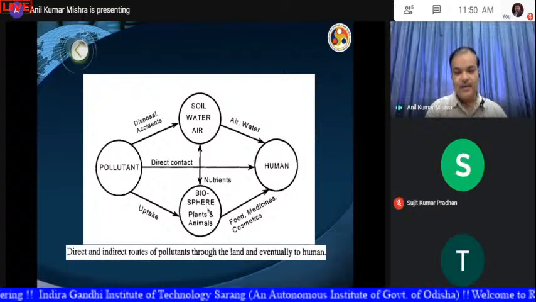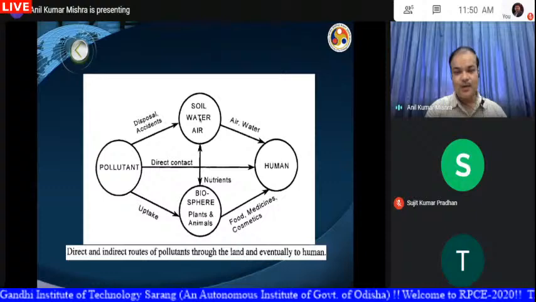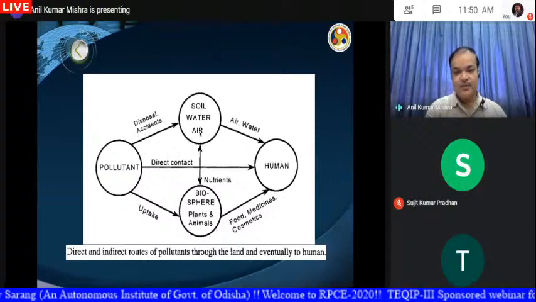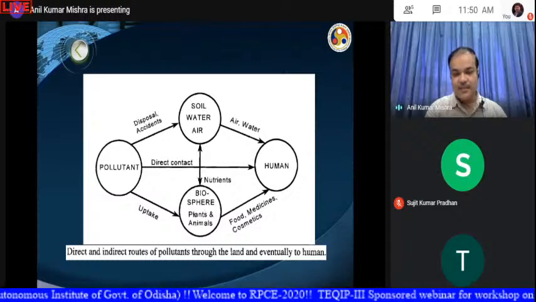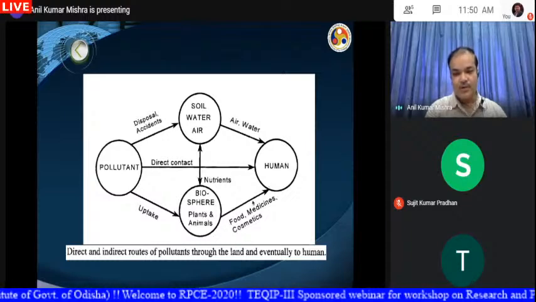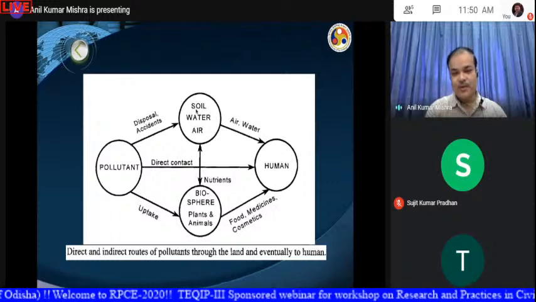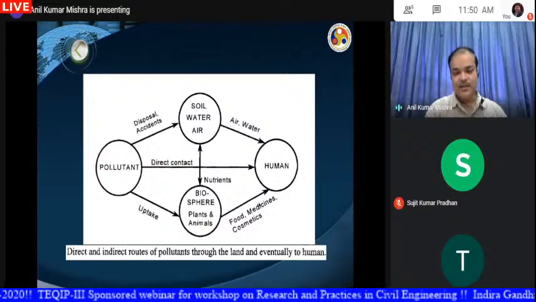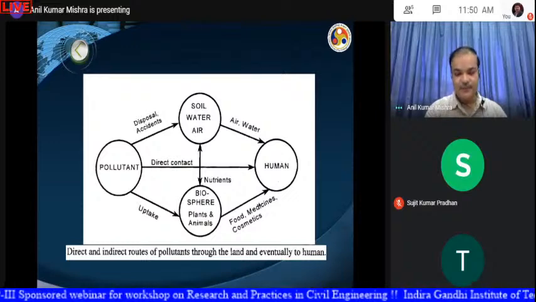The plants and animals can also take in this water, air, or soil which is contaminated by the pollutant. When we consume these animals or plants, or when we take this water or air, human beings get contaminated. Contaminated means they fall ill.